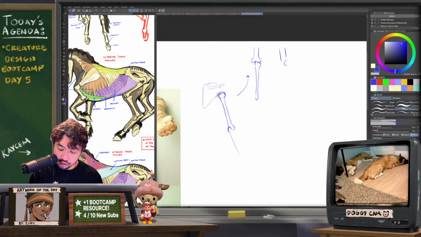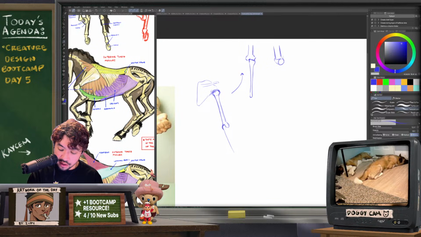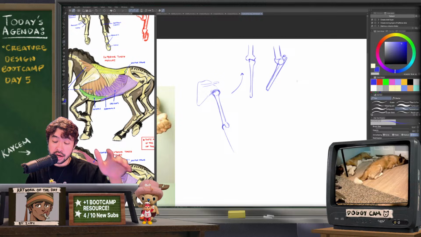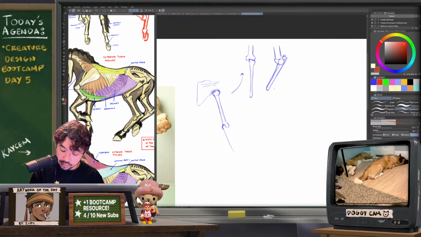Imagine this was the humerus bone, like a little hammer thing like this. The ulna bone, the one we were just talking about, would look like this as it connects to the bottom of that humerus bone, and then it hinges, right? It kind of goes like this.